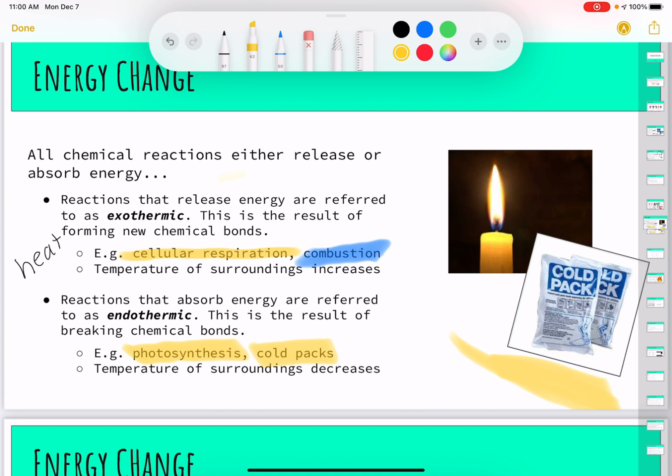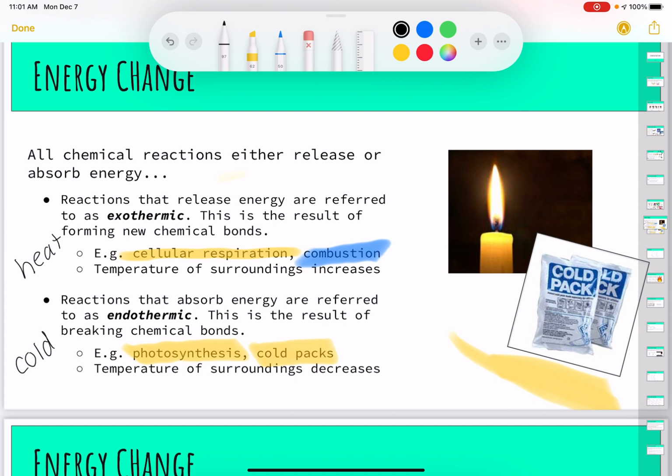So what it's giving off is cold. It's taking in energy, and what it gives off is cold. The other one is releasing energy, and when it releases, it gives off warmth. So this tends to be something that would be cold.